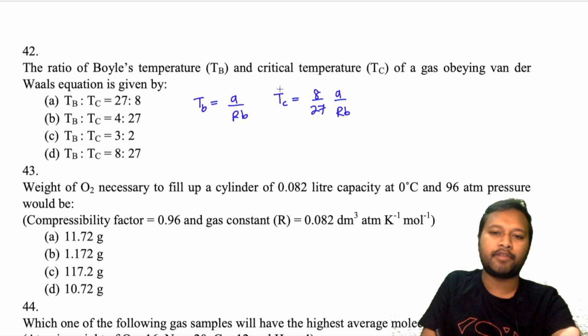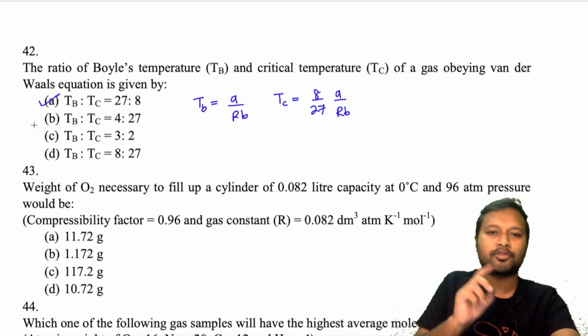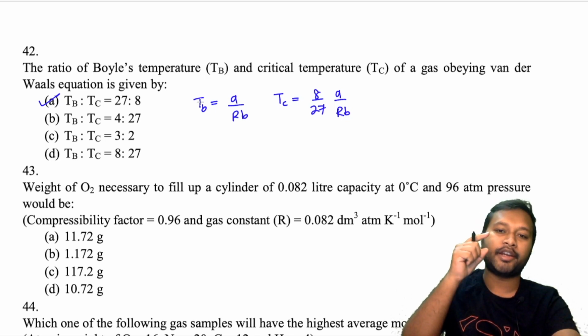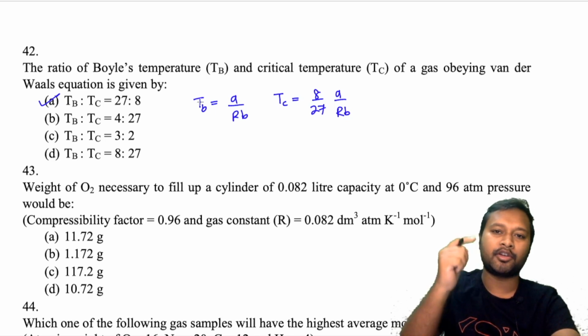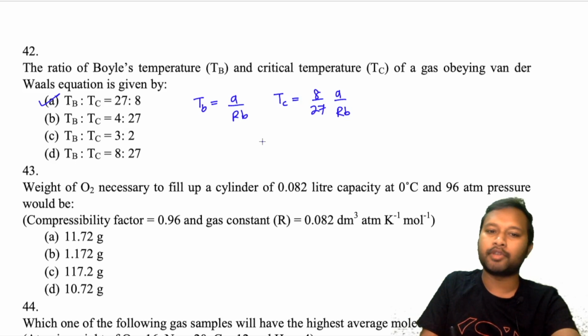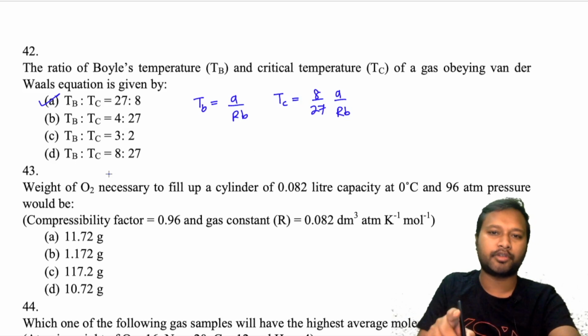Now if you divide TB upon TC, this part will get reversed and the answer will be 27 upon 8. So the answer will be option number A. You just have to divide TB by TC, not TC by TB. If you do the reverse, you will get option number D. That's not the correct one.